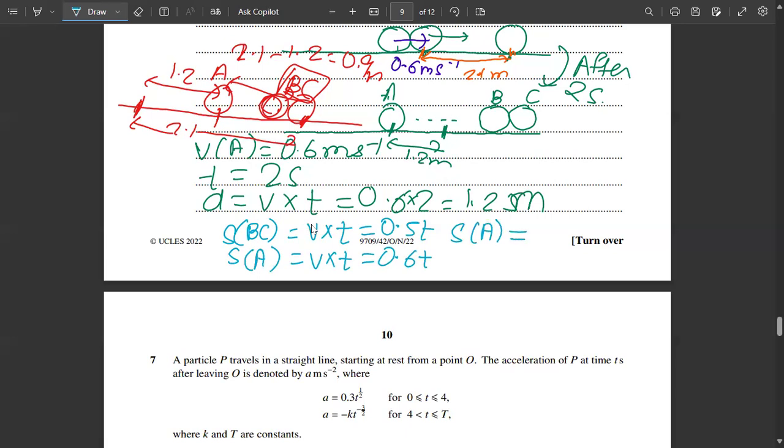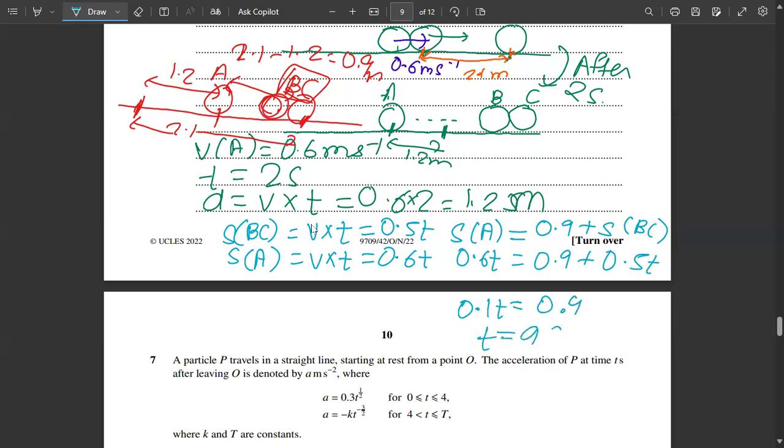The total distance A travels will be 0.9 more than the distance traveled by BC, because A is 0.9 meters behind. So 0.6t equals 0.9 plus 0.5t. Once 0.5t goes across, it becomes 0.1t equals 0.9, and time becomes 9 seconds. That means after 9 seconds, A will collide with BC. That's the answer to the question.